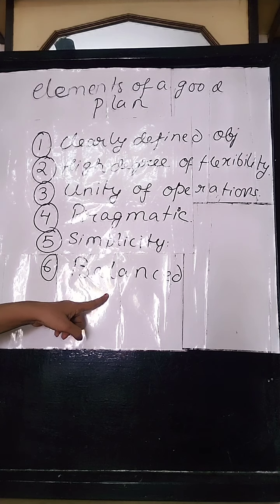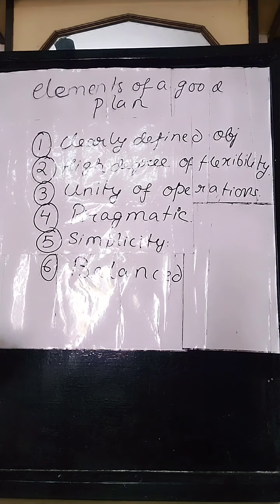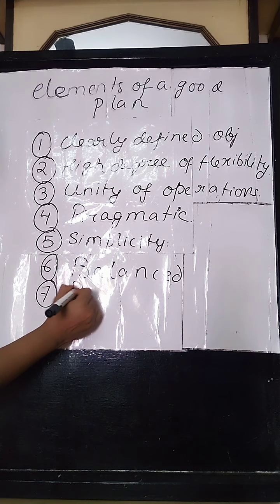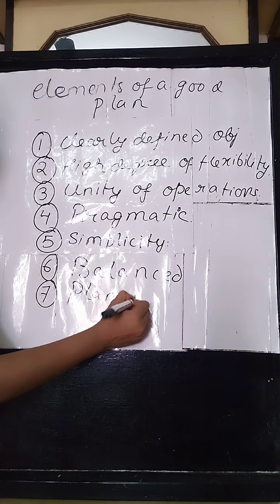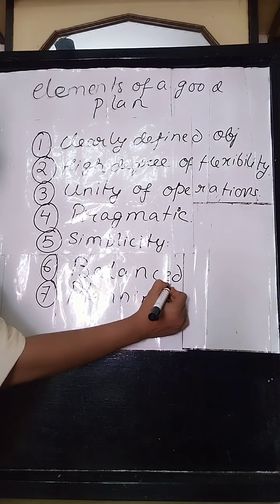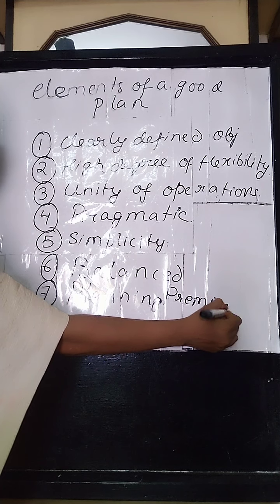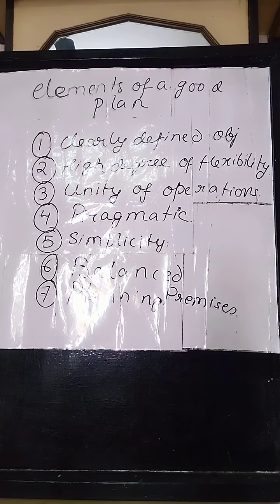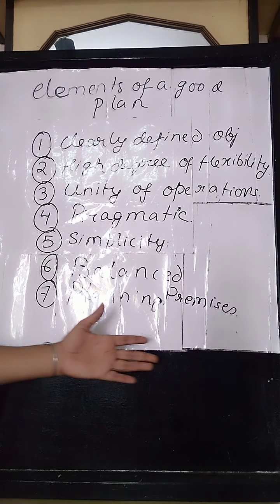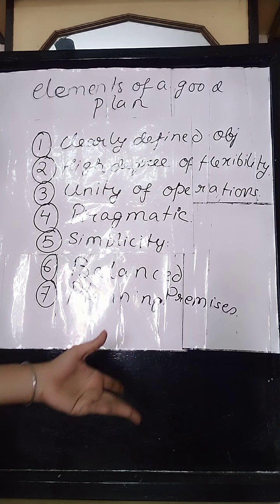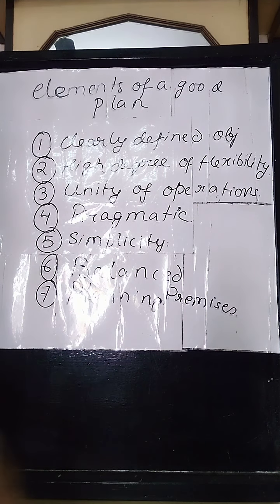Now we come to planning premises. I have told you there are many premises: tangible, intangible, then external, internal. Every plan is based on assumptions. I have told you that assumptions relate to the anticipation of future environment.